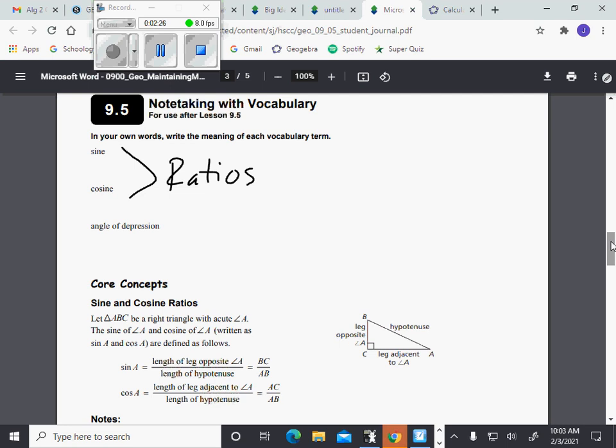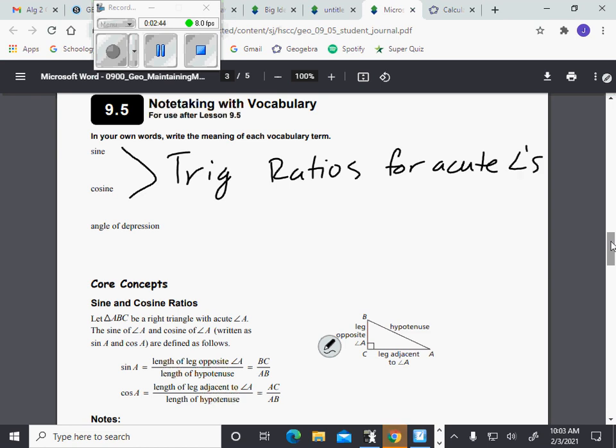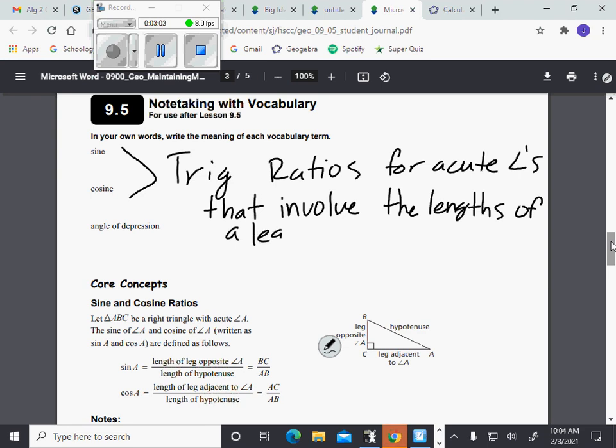So what the definition is going to say: trigonometric ratios for acute angles that involve the lengths of a leg and the hypotenuse of a right triangle.